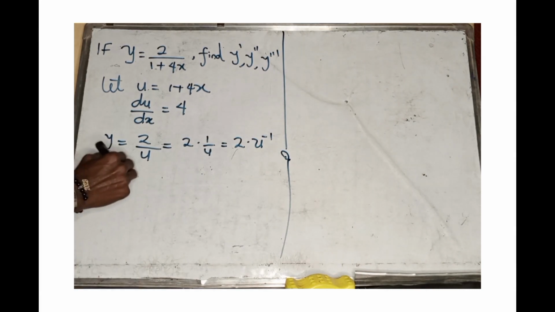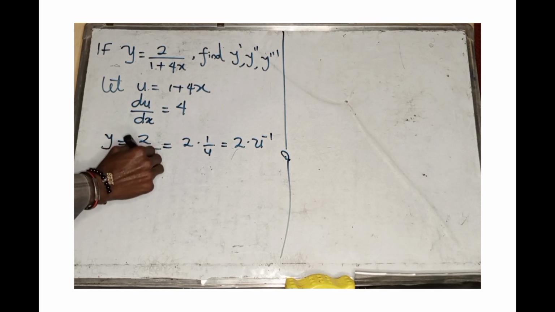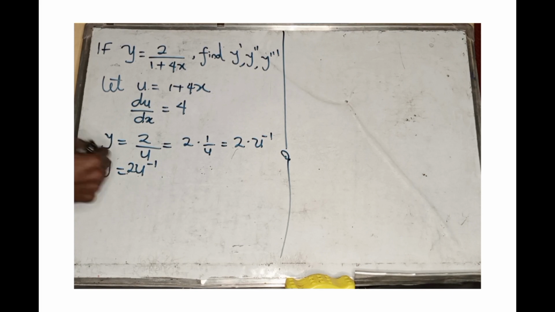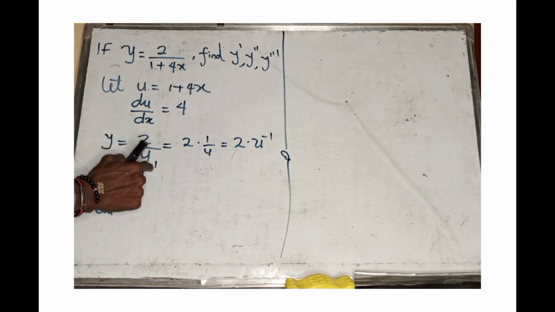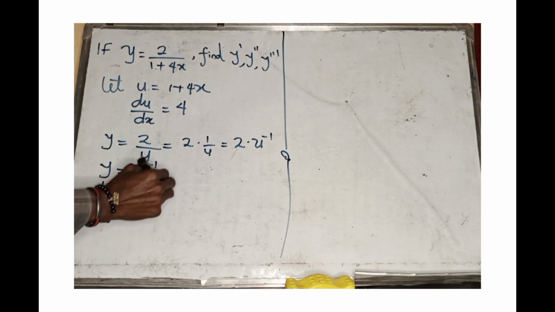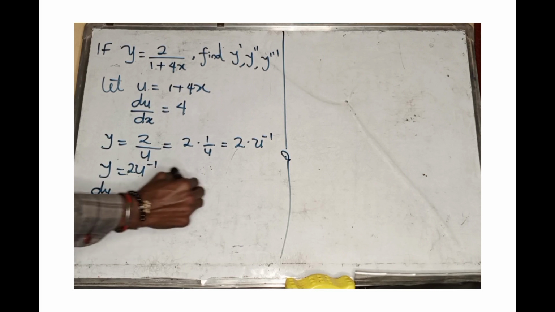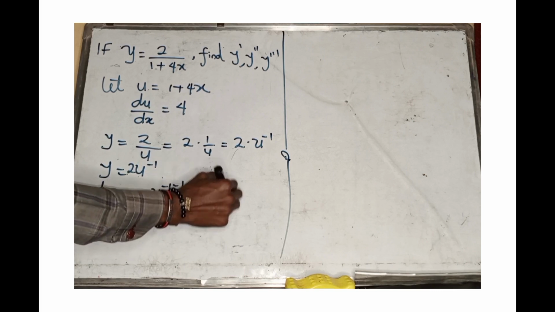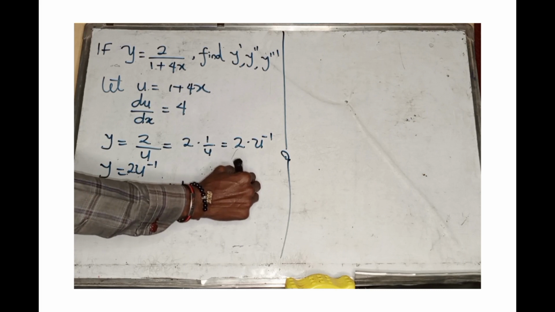So now I have y is equal to 2u power minus 1. So what next now? Let me get dy over du. The dy over du becomes minus 1 times 2, which is minus 2, then u power minus 2, which is minus 2u power minus 2.